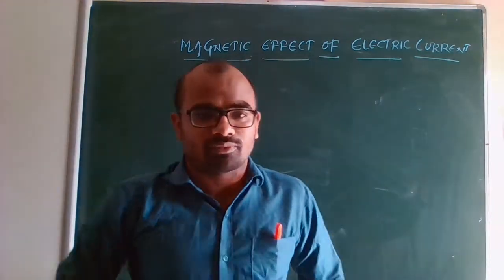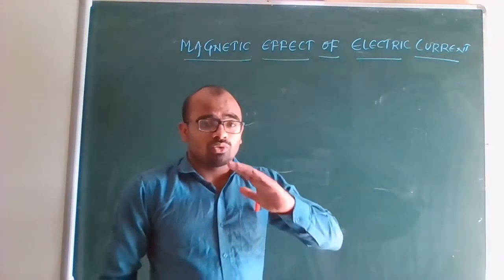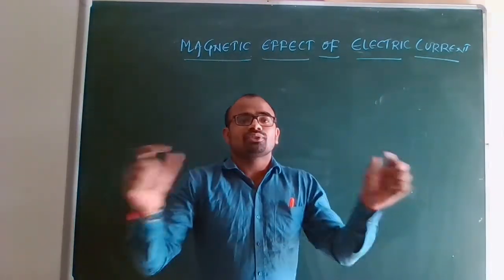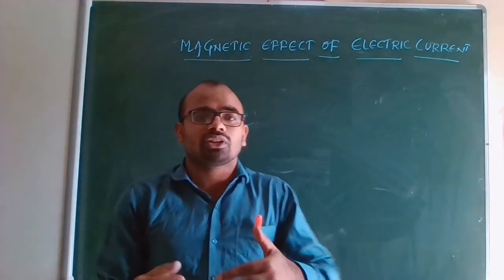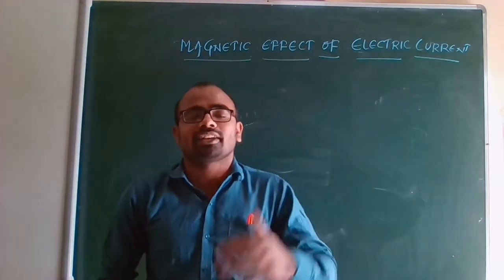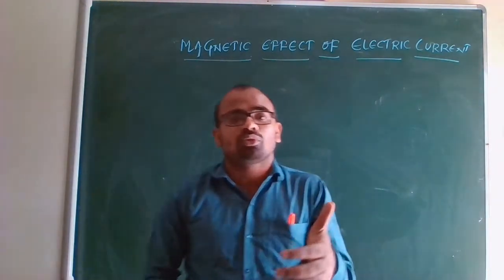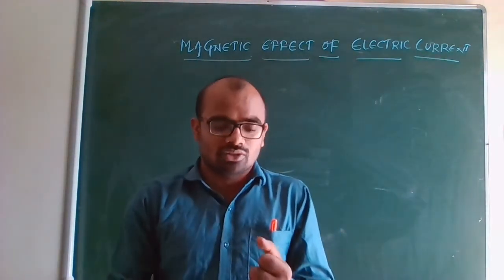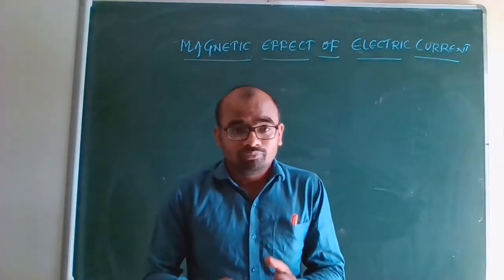You already know this. A current carrying conductor produces a magnetic field around it, so this process we can call the magnetic effect of electric current. After that we have to know what is a magnet.